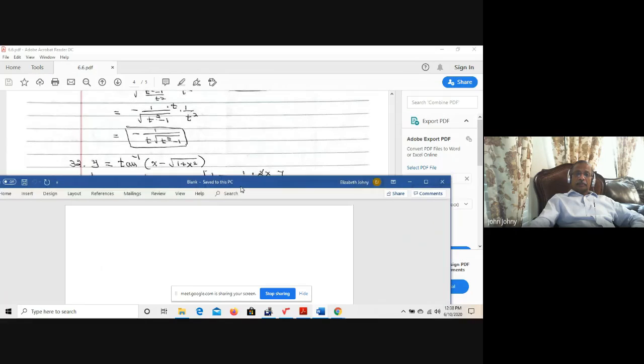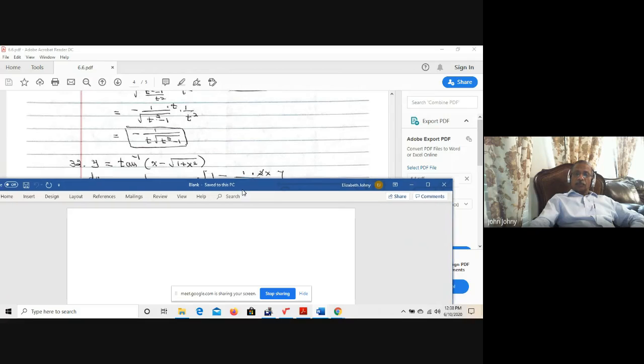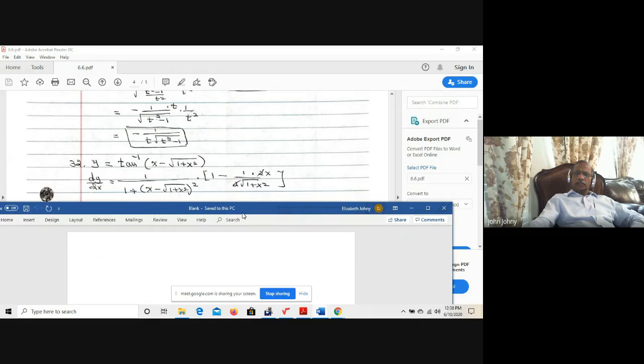Next, number 38. y is equal to tan inverse x minus square root of 1 plus x square. Tan inverse x minus square root of 1 plus x square. Again, it is a chain rule.